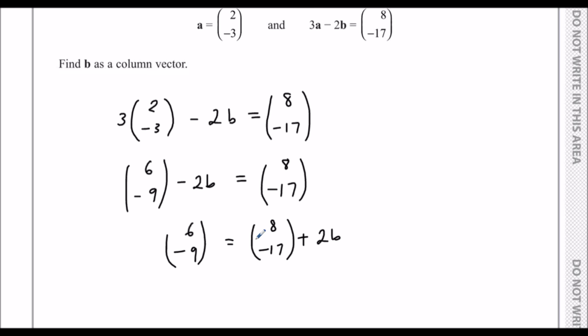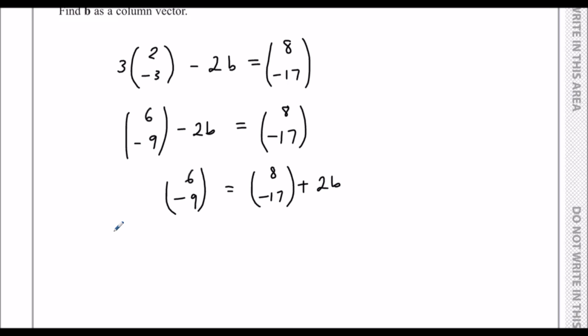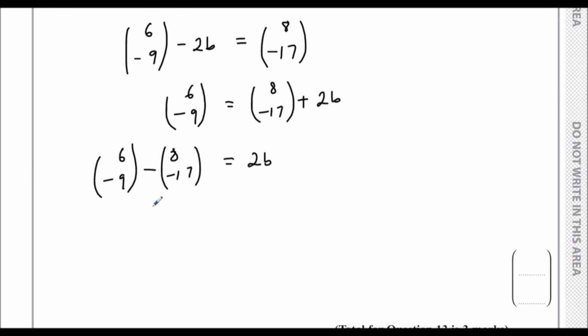Then I'm going to take (8, -17) away from both sides. So (6, -9) take away (8, -17) equals 2b. So I can just take these vectors away. Take away the x's and take away the y's. 6 take away 8 is negative 2.